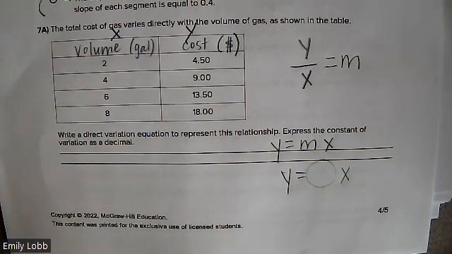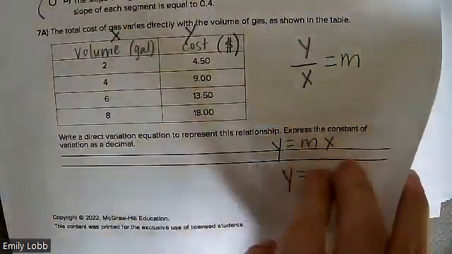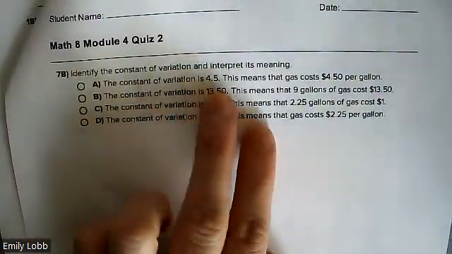Does anybody need a minute to figure out what M is and put it into that equation? We're okay? Okay, so part B is simply asking to identify the constant of variation.